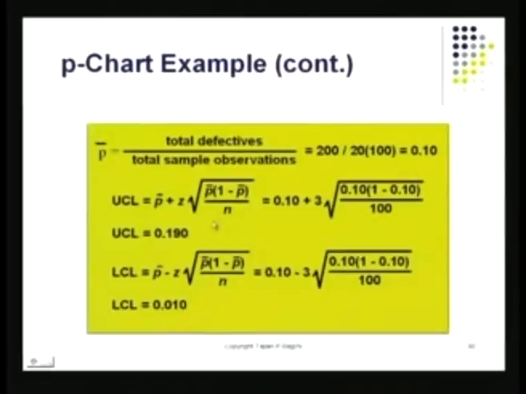For that, I just go to the control limit formula. The value of z this time is a 3 sigma limit, so I put down 3 there, and this is the value of sigma p.